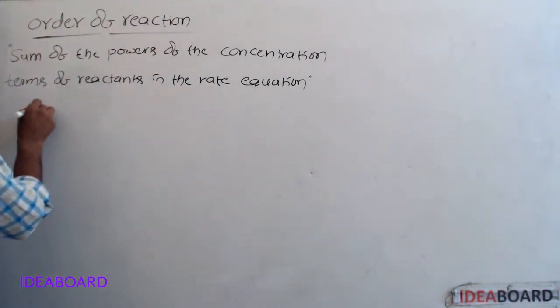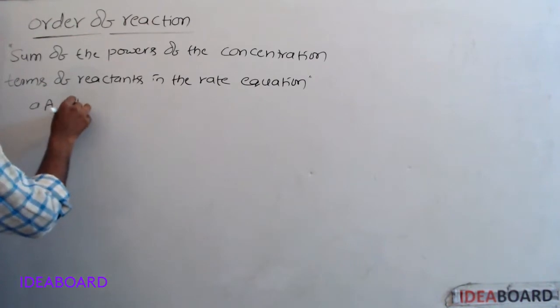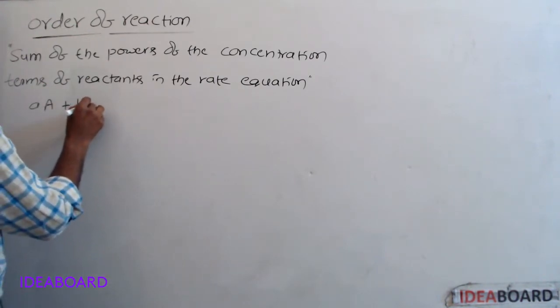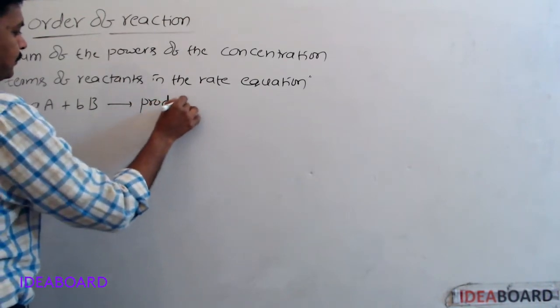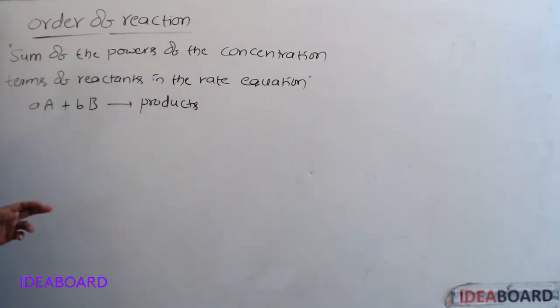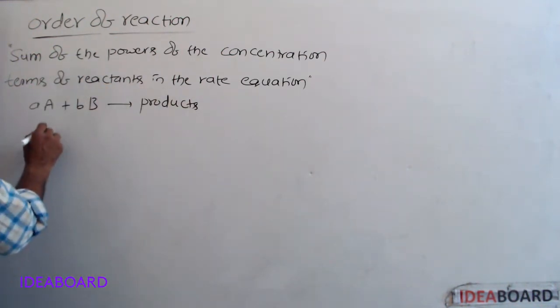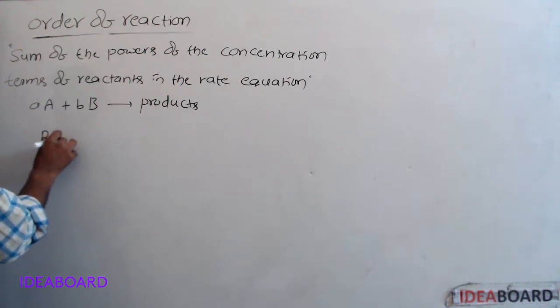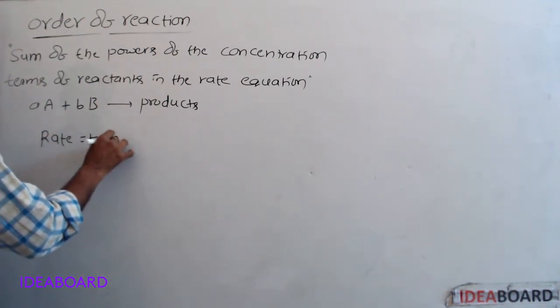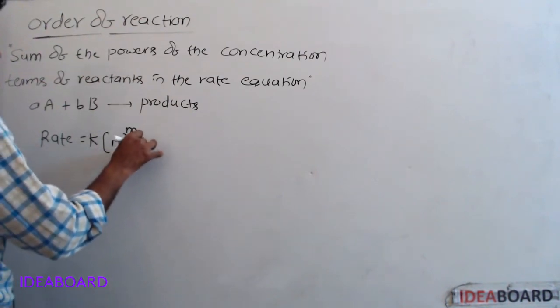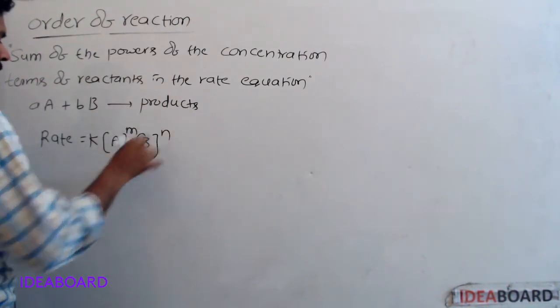For example, if we take this reaction, a moles of A plus b moles of B gives products.